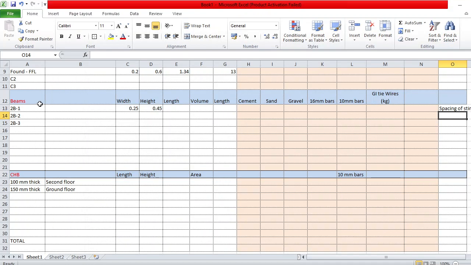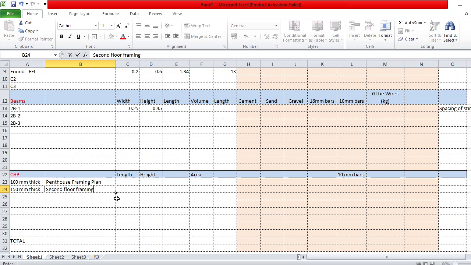So, you will be using only your penthouse framing plan, and you will be using the second floor framing plan.